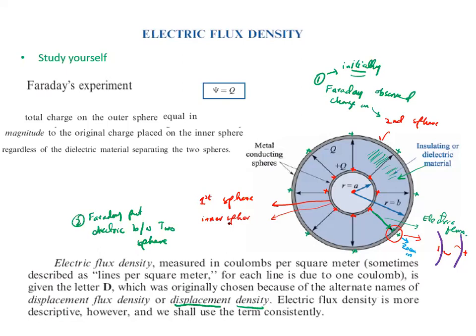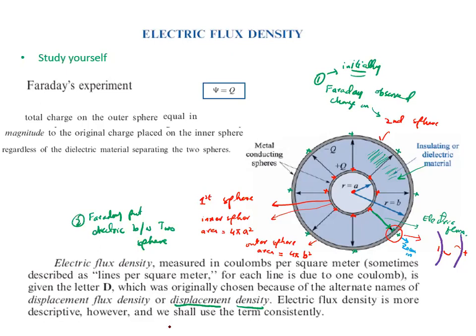Anyone? Who will tell the area of the inner sphere? 4 pi a square. What is the area of the outer sphere? 4 pi b square.